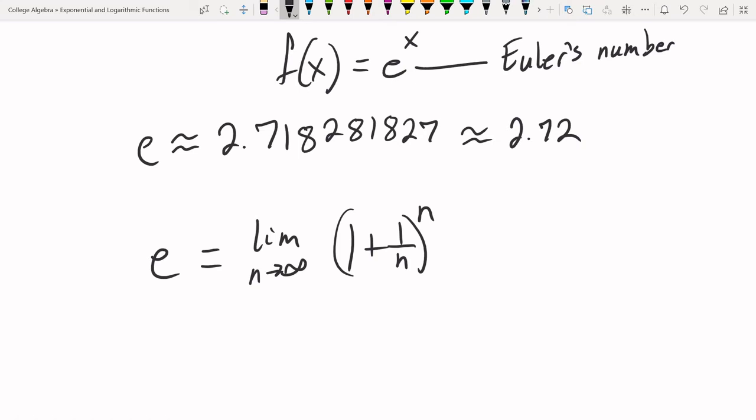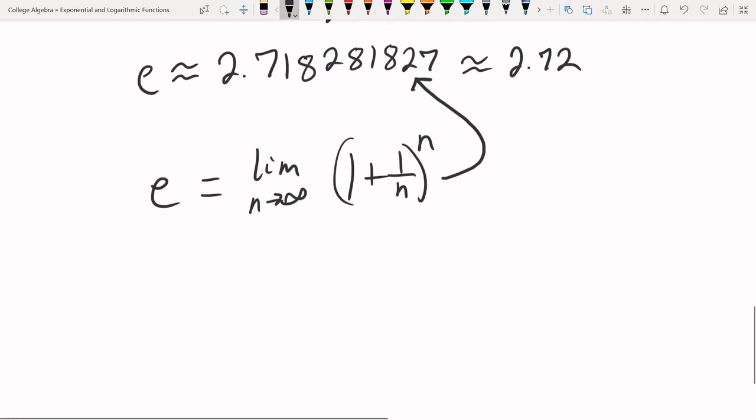So you're just putting bigger and bigger values in there. Put in 10, then 100, then 1,000, then 1,000,000, then 1,000,000,000. And you'll see that this number keeps getting closer and closer to e. As you get to the actual limit, as you get to infinity, it becomes equal to e.